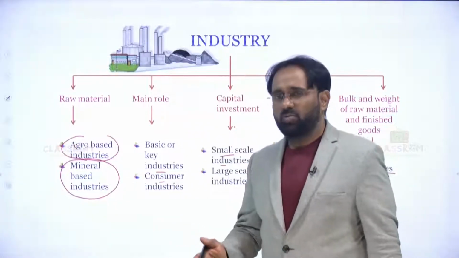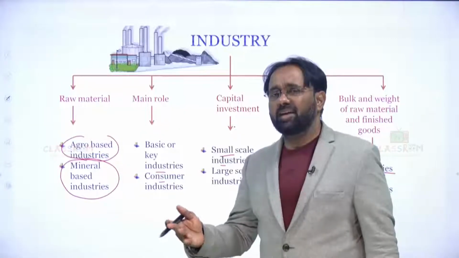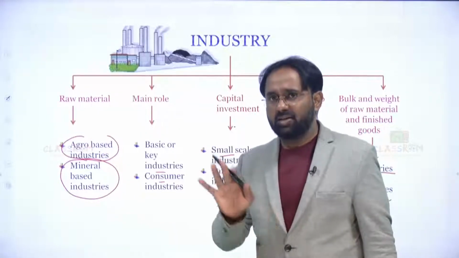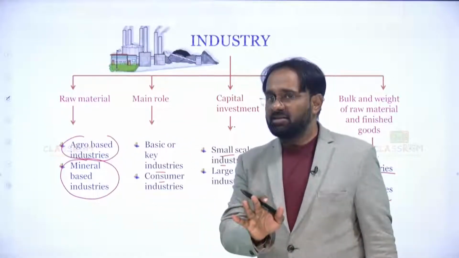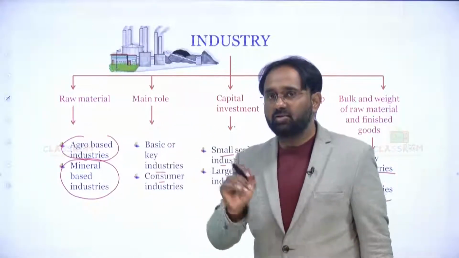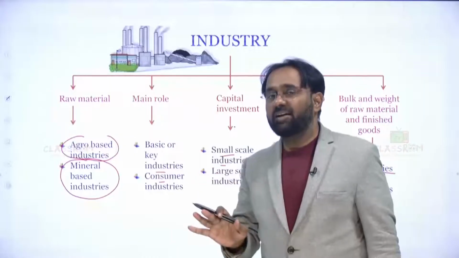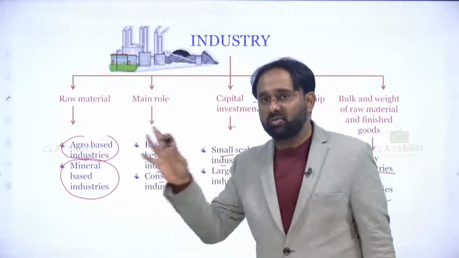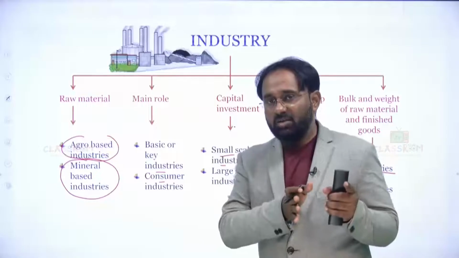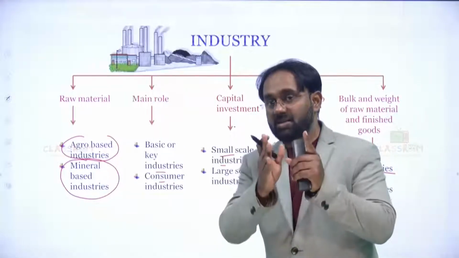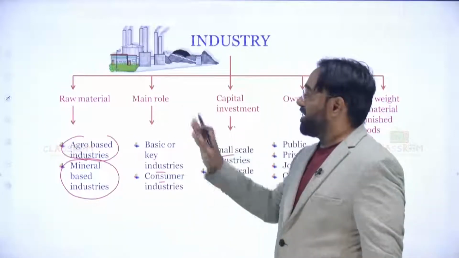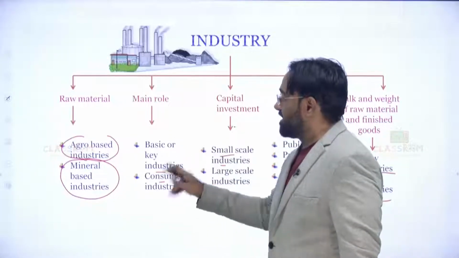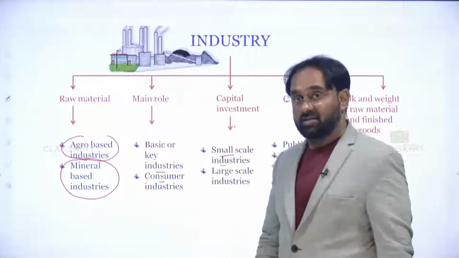See, agriculture and mining activities are the primary sector. You have agricultural activity and mining activity. Agriculture produces raw material for industries and mining activity also produces raw material for industries. So, whether you are talking about agro based industries or mineral based industries, that is the division. Main role: basic or key industries or consumer industries.